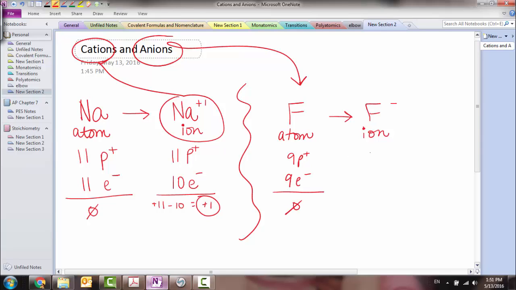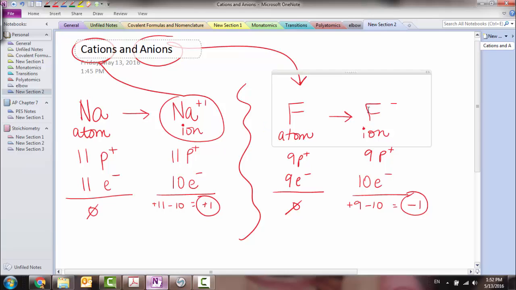The ion still is fluorine, so it still has 9 protons, but fluorine actually gains an electron. So it gains 1 electron and now has 10. So if you take that +9 and -10, we see that's where the overall -1 charge comes from. So that's an overview of what a cation and an anion is.